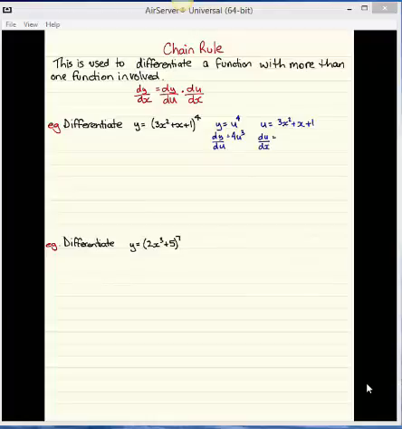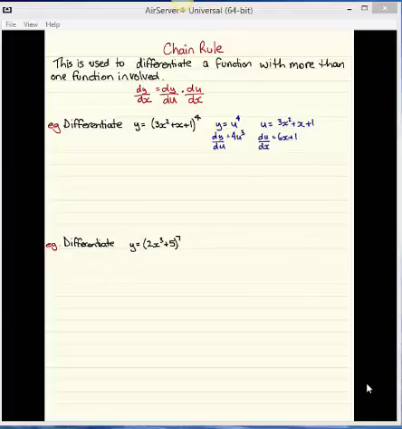And if I do that, then I get 6x plus 1. And so then, to find the derivative of y with respect to x, we have to multiply dy/du by du/dx, remembering to substitute back in 3x squared plus x plus 1 for u. This is the formal way of setting this stuff out.